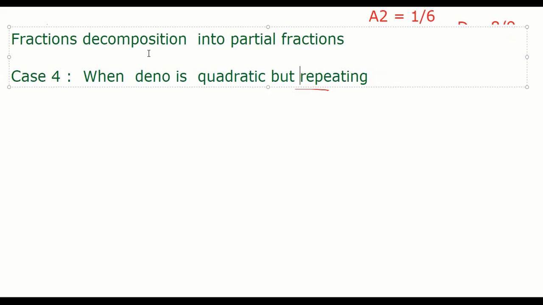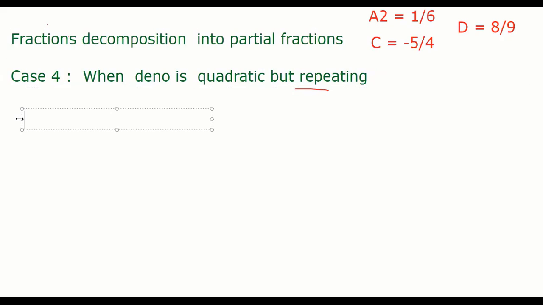For example, if I give a question, say (2x − 3) over (x − 1)(x² + 1)², and I know this time you itself will tell me what will be the factors because it's all symmetric thing. And this is also repeating.